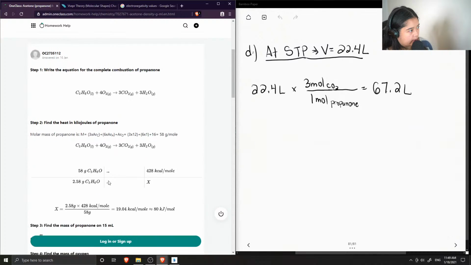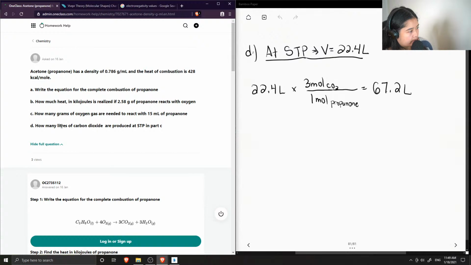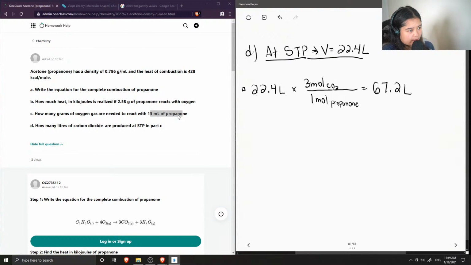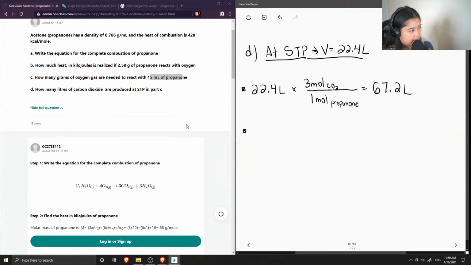Let me just read this question again. Yep. I think I'm also going to answer part D using 15 milliliters of propanone. So the 22.4 is the molar volume of a gas. But if we did have 15 milliliters of propanone, no, I guess that's correct.